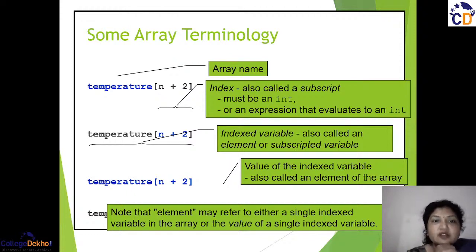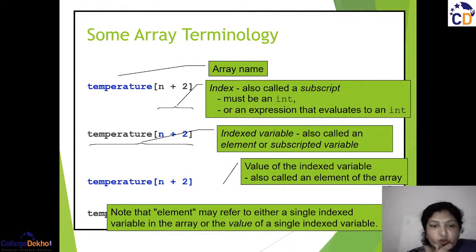Then we have the indexed variable temperature n plus 2. An indexed value is also called an element or subscript variable. Whenever we access an element, the subscript is given in the square brackets. The value of the indexed variable is also an element of the array.